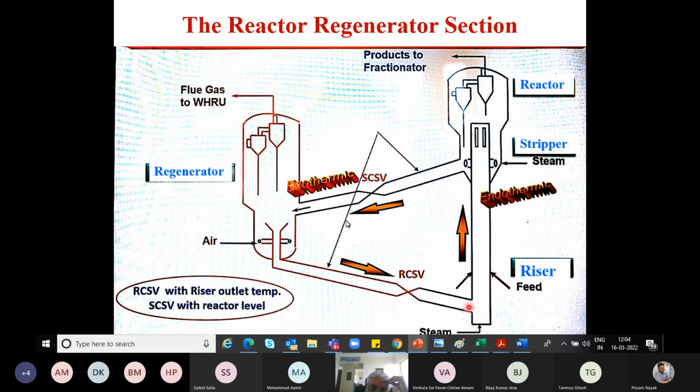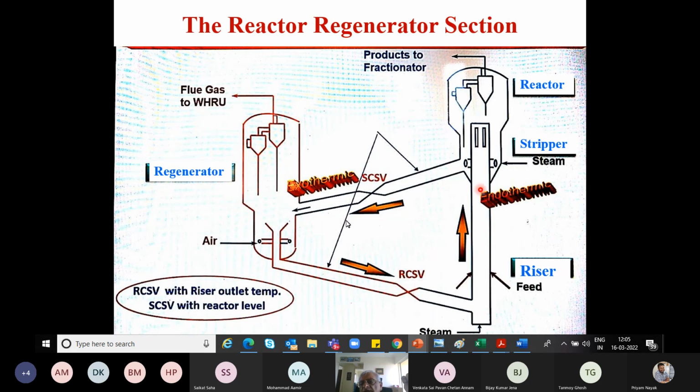So basically, we have two reactors. One is where the real reaction takes place in terms of cracking. This is a highly endothermic reaction, because you want to crack any heavier molecule to a lower molecule, and there is no hydrogen here. This is zero hydrogen. We don't put any hydrogen. So this is a highly endothermic reaction. The entire heat that is provided for overcoming this endothermicity is by this hot catalyst coming in.